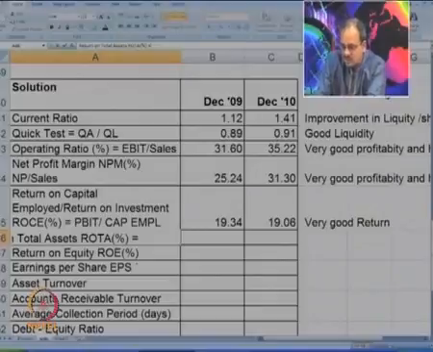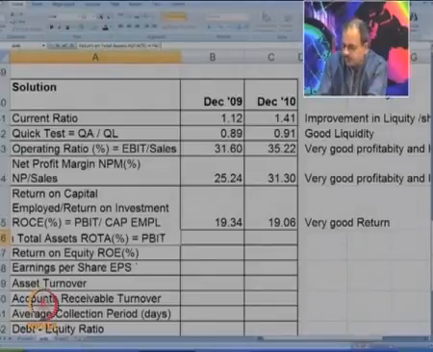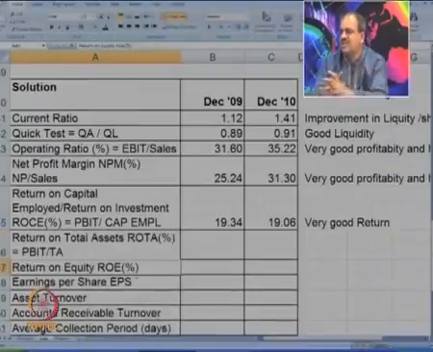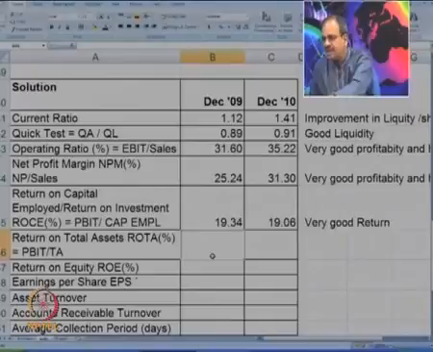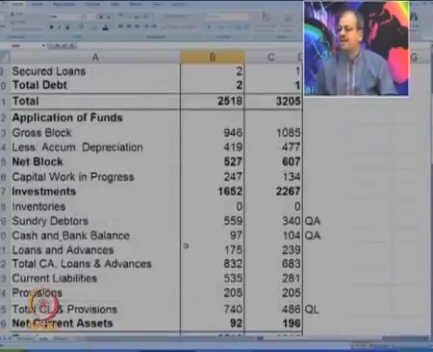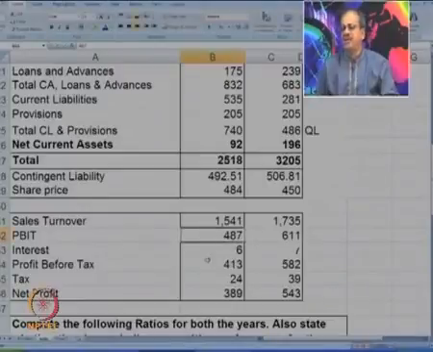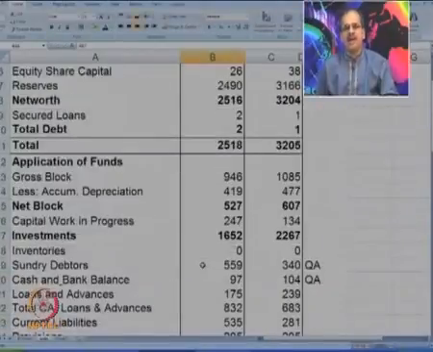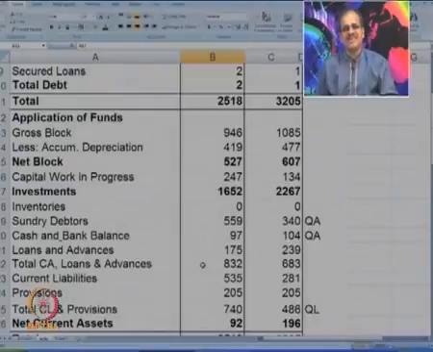It is more logical to do it with profit at operations, that is PBIT divided by total assets, that is TA. So, PBIT, let us go up for more clarity. PBIT you know is 487. Look at the balance sheet, what will be the total assets?